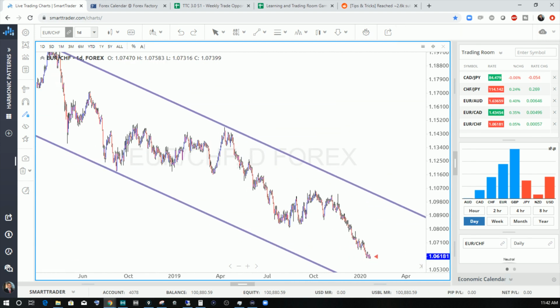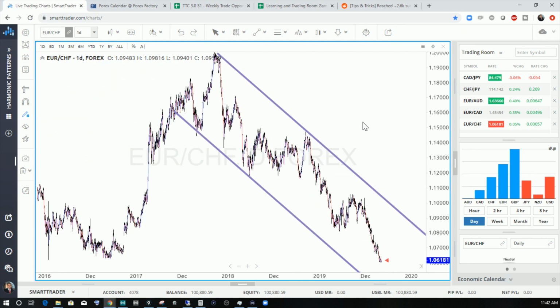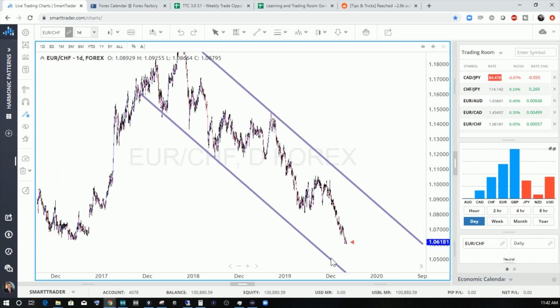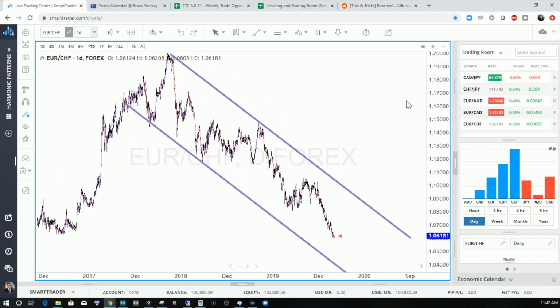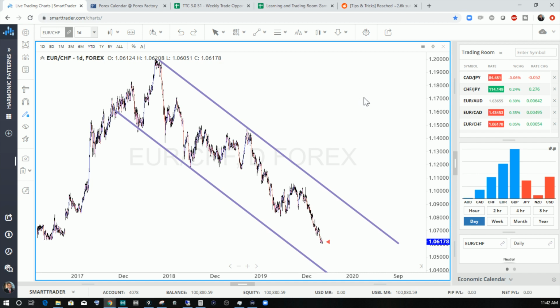So on the Euro Swiss right here, we still got a lot of, look here, this is where traders get really confused. Because you're looking at the setup right here, and what are you seeing? You're seeing that price is moving from this level to that level, and now we're expecting it to come back down to this level right here.